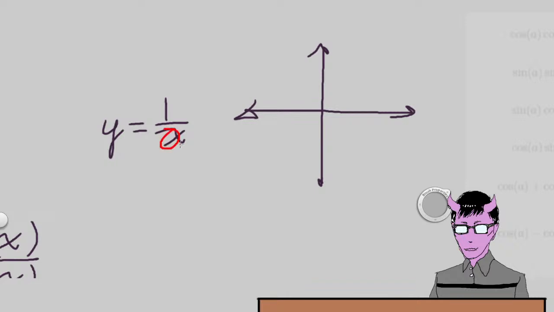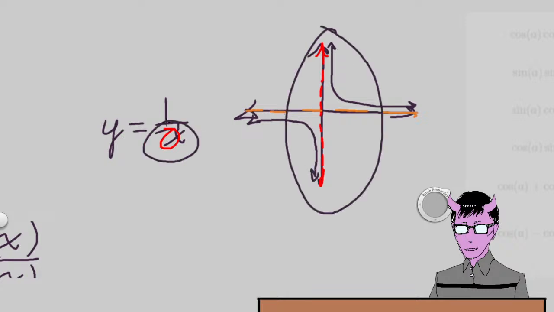So if x is 0, we have one vertical asymptote. Ignoring the horizontal asymptote for now, because it's not relevant for the trig functions, if we graph this, it looks something like this. And we never ever cross the vertical asymptotes.